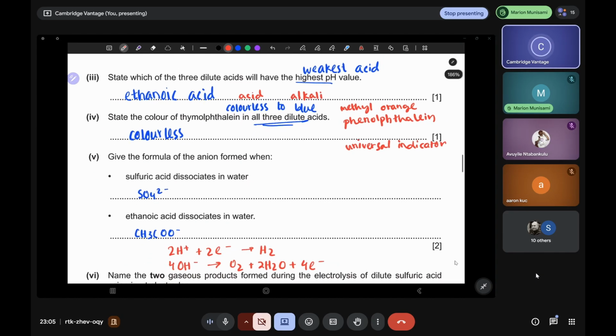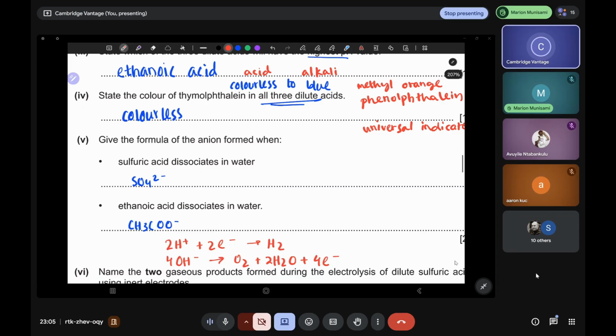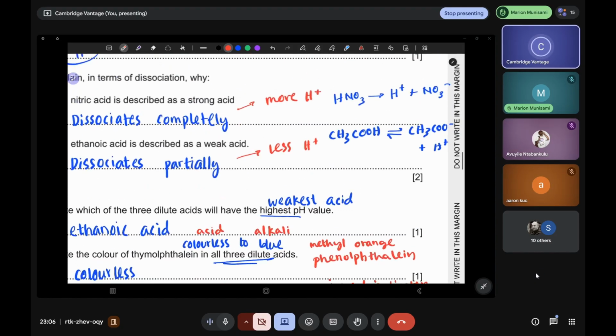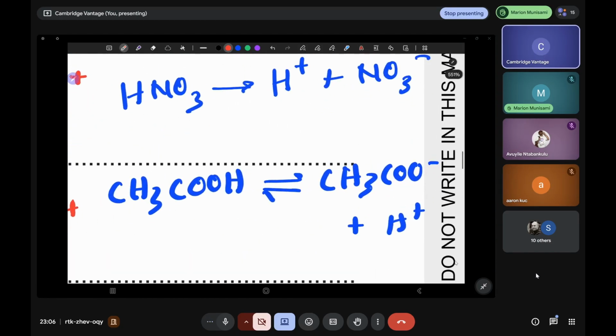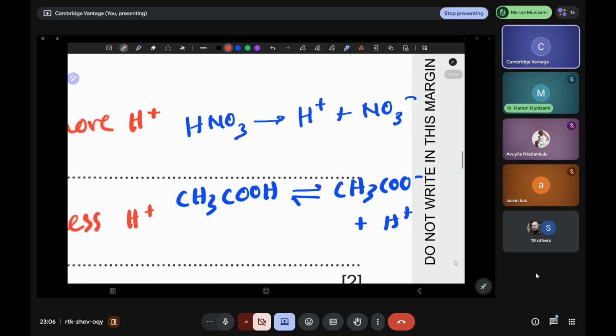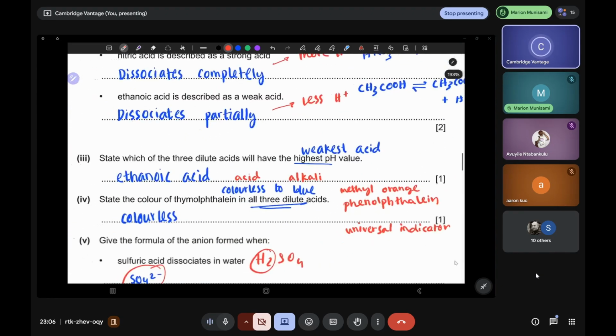And then the next part, give the formula of the anion formed when sulfuric acid dissociates in water. So sulfuric acid is H2SO4. When it dissociates, it's going to release its H+, and you're going to be left with the sulfate ion, SO4 2-. And for ethanoic acid, we already saw over here, it formed CH3COO-, an ethanoate ion.